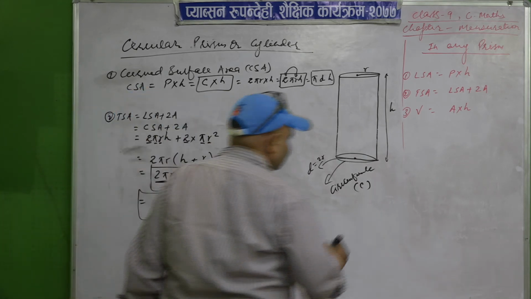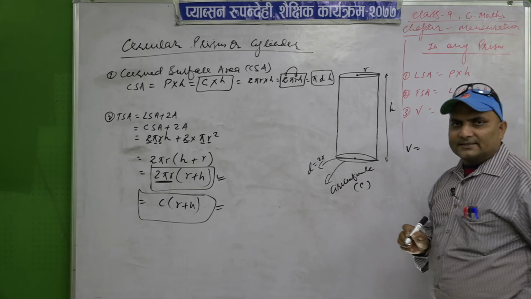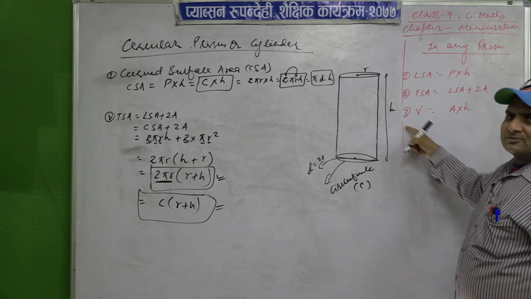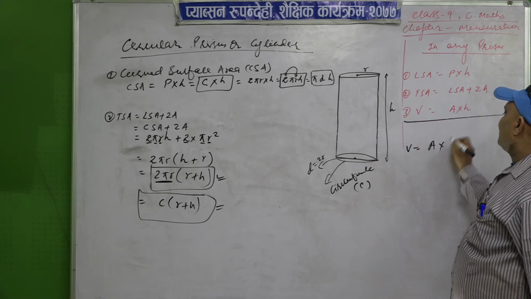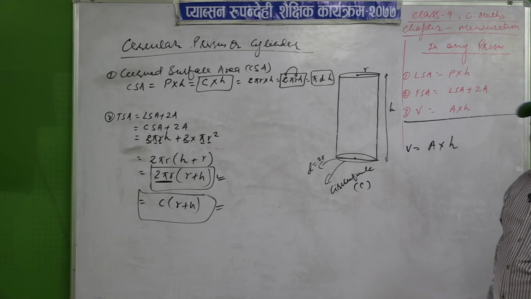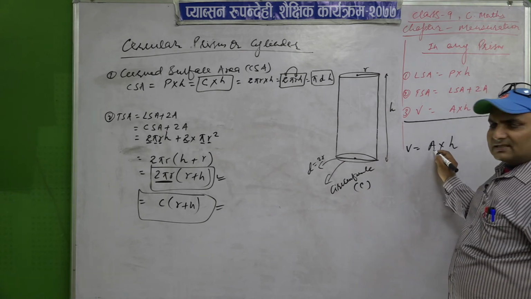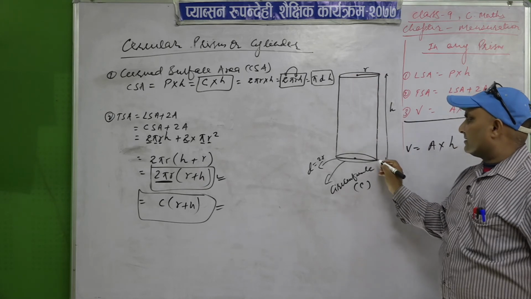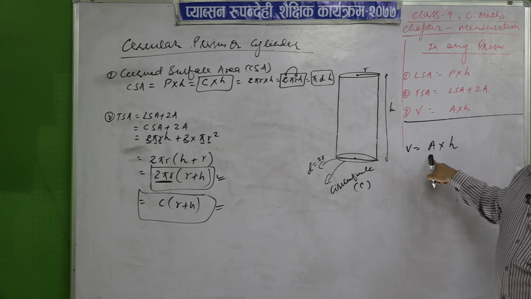Now suppose volume of the cylinder. So, what is the volume of a cylinder or any prism? The volume of a cylinder or any prism is A into h. Okay. A means area of the base, and area of base here is a circle.